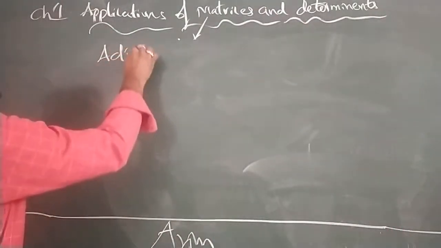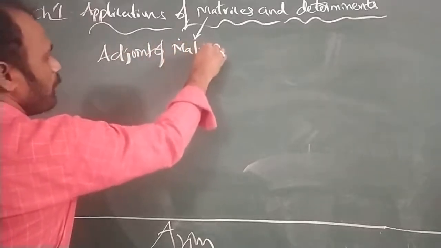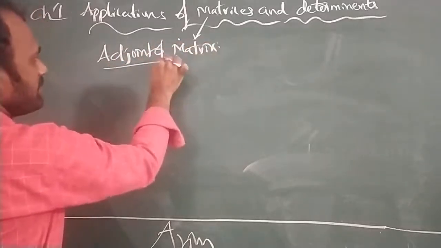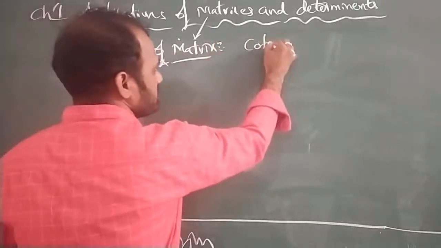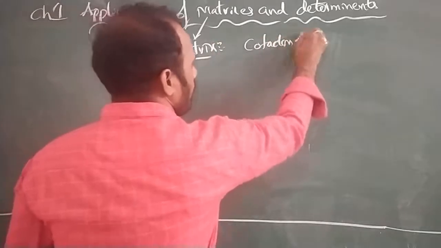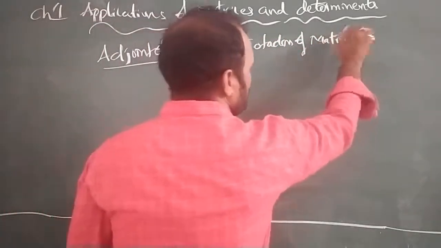Adjoint of a matrix. So what is the meaning of the adjoint of a matrix? Let us see. This is totally based on the term cofactors, the cofactors of a matrix.